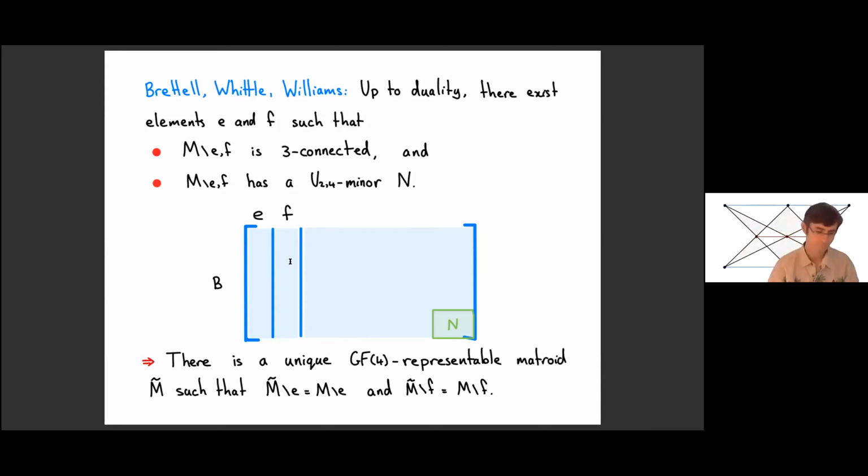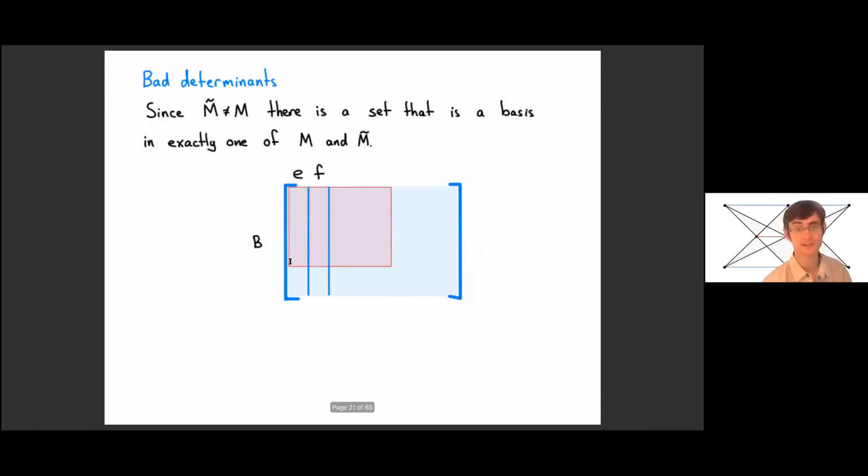Okay, but it's not a representation of M, and that means that somewhere something went wrong. So there's going to be some set that's a basis in exactly one of these two matroids. And in terms of the matrix representation we're looking at, that says there's a square submatrix that's either singular when it should be non-singular or vice versa.